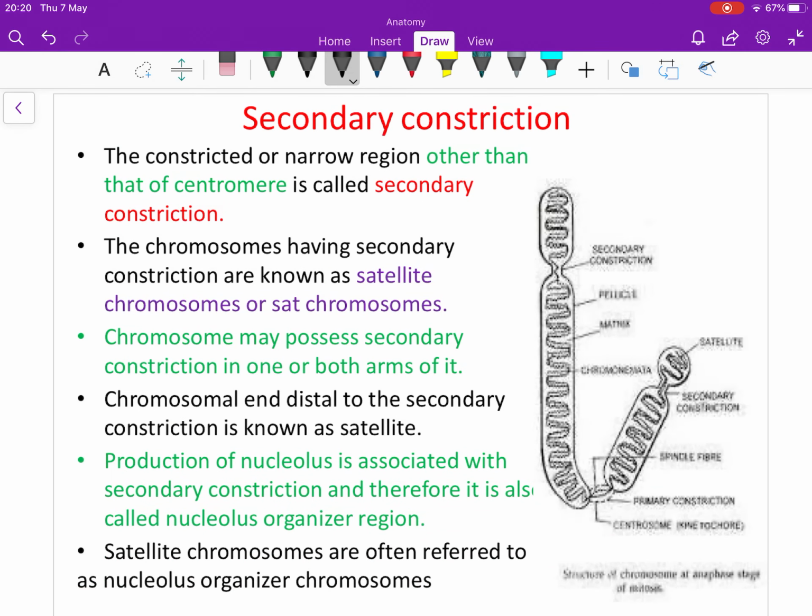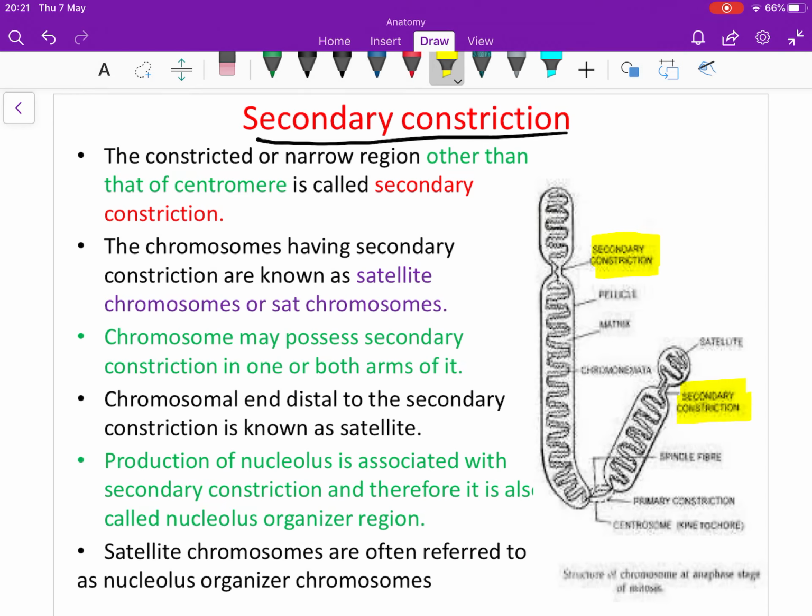And the third part of chromosome is secondary constriction. Now, what is secondary constriction? We all know this centromere. Centromere forms a constriction, so it is known as primary constriction. Now, besides this primary constriction, in the whole structure of the chromosome there are other constrictions also, and these are known as secondary constrictions.